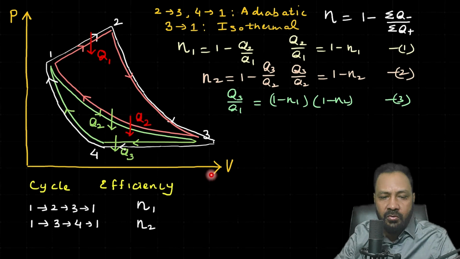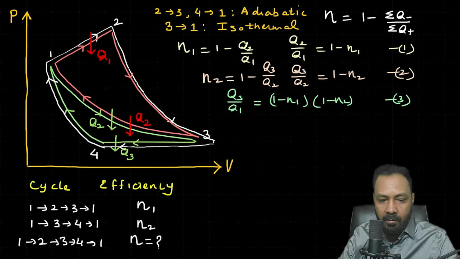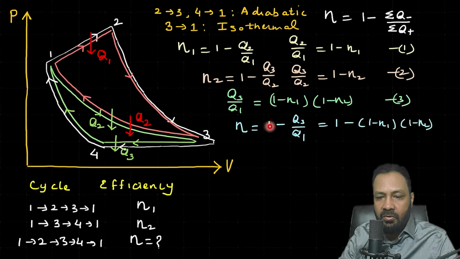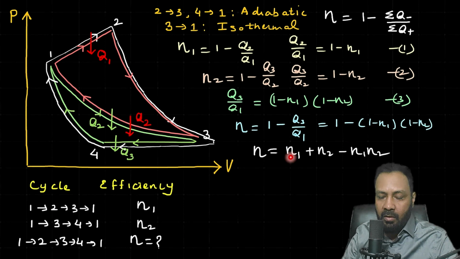So the overall efficiency of this cycle 1 2 3 4 1 would be 1 minus Q3 by Q1. And Q3 by Q1 we obtained as 1 minus eta 1 into 1 minus eta 2. So the overall efficiency is 1 minus (1 minus eta 1) into (1 minus eta 2), and simplifying that, we get the overall efficiency to be eta 1 plus eta 2 minus eta 1 eta 2.